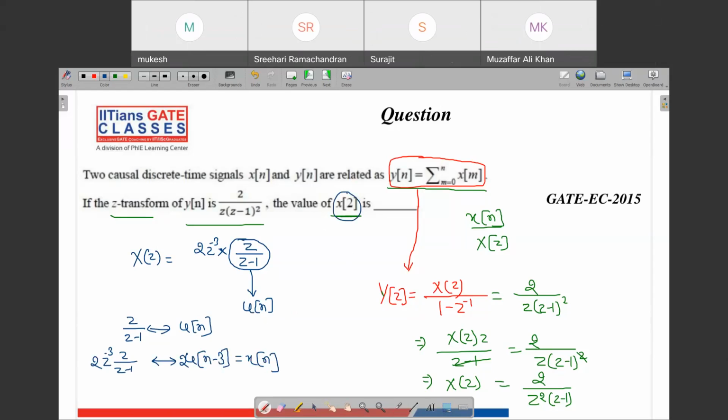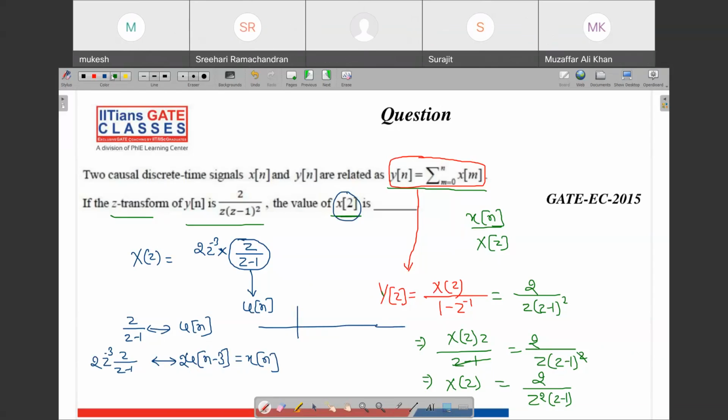When you plot this, it is a unit step but a delayed version of it, so it is going to start at n equal to 3. You have been asked to find the value of x of 2. So this is n equal to 0, this is n equal to 1, this is n equal to 2, this is n equal to 3. So x of 2 will be equal to 0. Here you have to use the accumulation property. If you don't know it, then this problem will become very difficult to solve. Does anyone have any doubt?